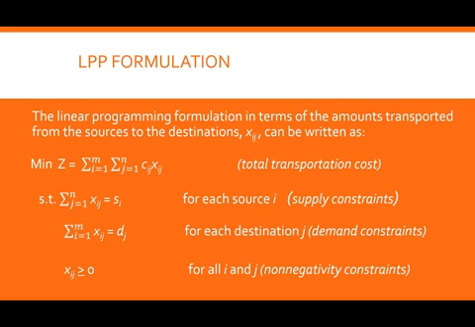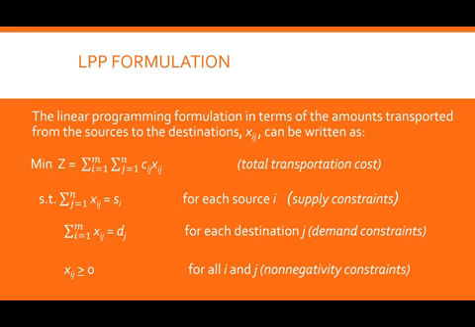So how much ever you are transporting, that should be equal to the capacity of the source. So that is the constraint. So that is what has been written here. The constraint is summation Xij is equal to Si. For each source, the quantity of transportation from the source should be equal to the capacity at the source. Okay.